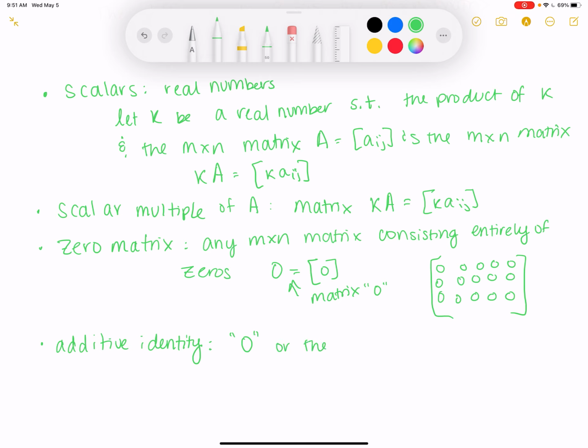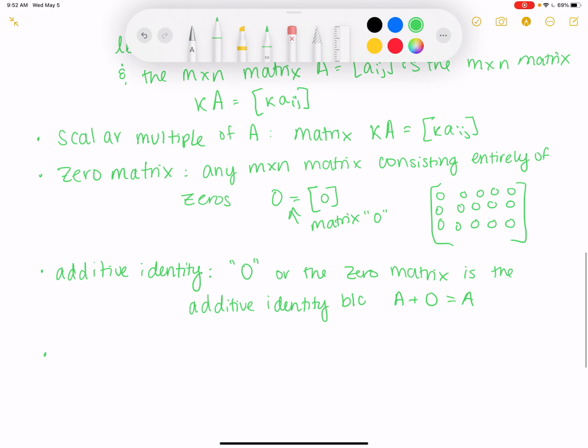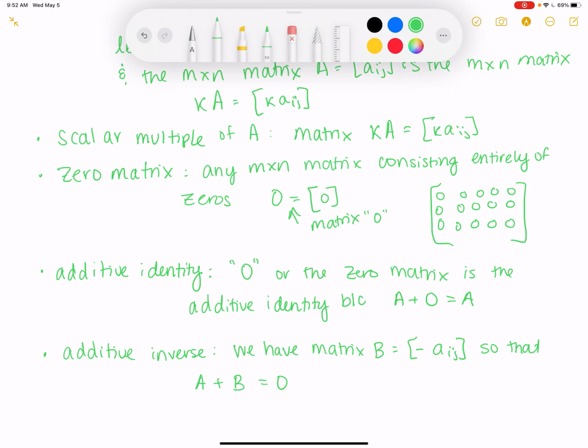O, or the zero matrix, is the additive identity because A plus 0 is equal to A. And for the additive inverse, we have matrix B, which is equal to negative A sub ij, so that A plus B is equal to 0.